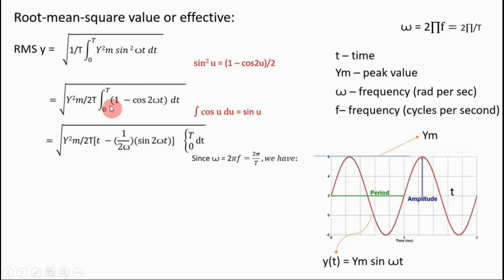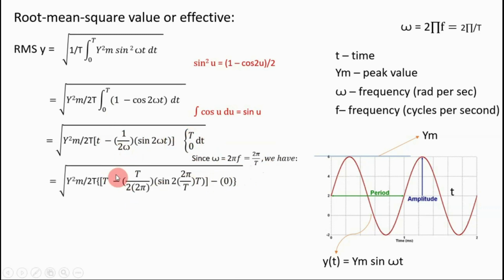The integration of this value is t minus 1 over 2 omega times sine twice omega t, from 0 to t. You introduce now t first to this relation, and after that you introduce 0, and also substitute the value for omega, which is 2 pi over t. So you get this one for t, and for 0 you get 0.